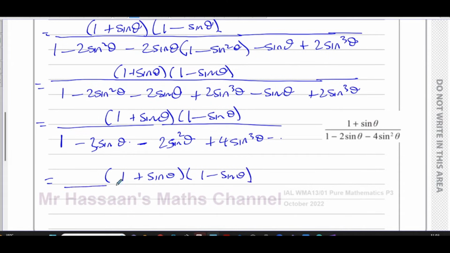If this becomes that, then this will factorize into one factor as 1 minus sine theta for sure, multiplied by something that gives us this. Now, obviously, if those cancelled out, what should be left is what we have in this denominator, which is 1 minus 2 sine theta minus 4 sine squared theta. That's what must come up.